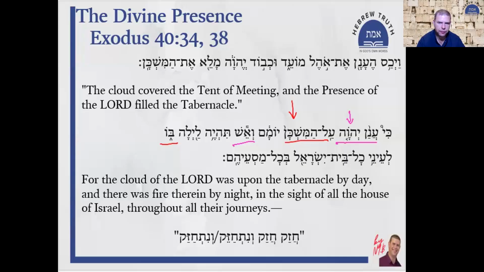Laila, obviously contrasted with yomam. And again, you can see the unique form of yomam having this adverbial suffix, which is absent from the word laila, which simply means night and is used in an adverbial way to mean during the night.